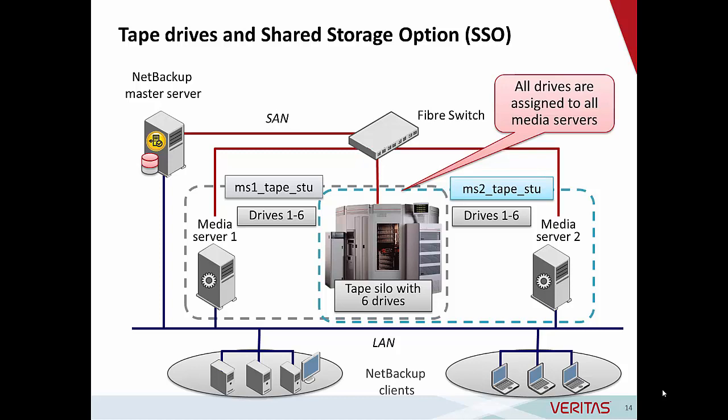And so it is common in an environment such as the one depicted on this slide to have the master server controlling the robot and the changer, and then the media servers that are actually writing the backup jobs share the tape drives. And my goal here is to consolidate my points of failure. If the server that controls the robot itself fails, I'm not going to be able to do backups or restores to this library unless I reconfigure my devices.